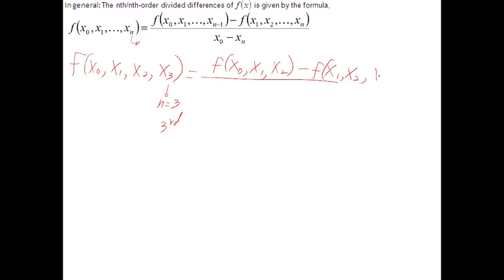So we have x sub 3 all over x sub 0 minus x sub 3. So that's it.